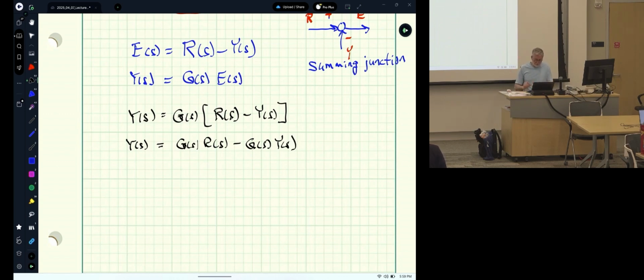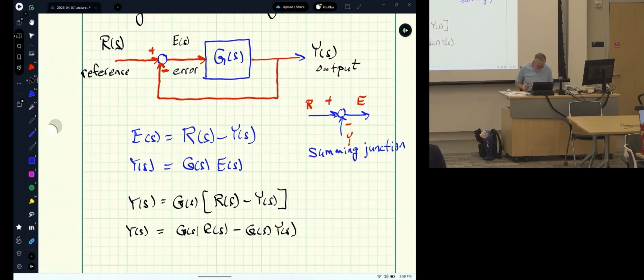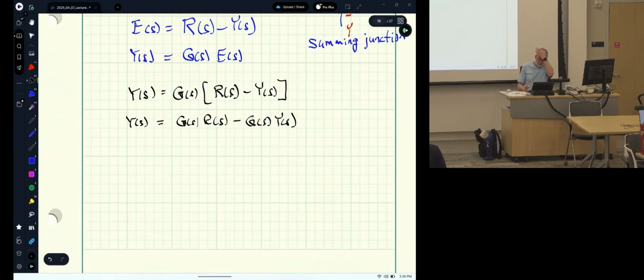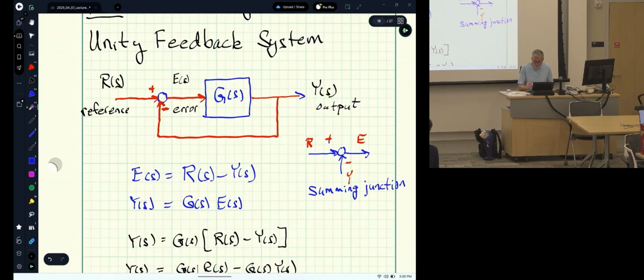I know it seems kind of pedantic. Okay, once you've given us the equations, Professor Grizzle, we can solve them. I know. But you're probably not used to manipulating rational functions as if they're just any other little symbol, but they are. I want to solve for Y of S in terms of the reference. I want to know what Y of S is as a function of the reference.